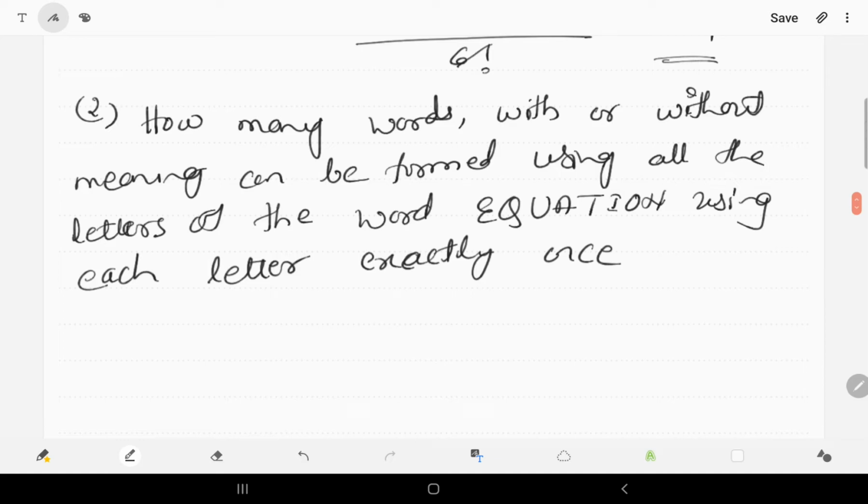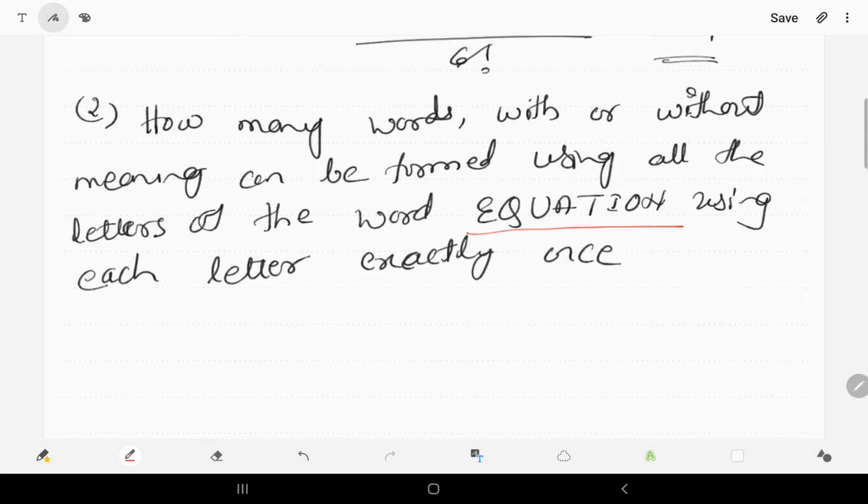Here we are using EQUATION, each letter exactly once. So all 8 letters of the word EQUATION are here, totally 8 letters: 1, 2, 3, 4, 5, 6, 7, 8.